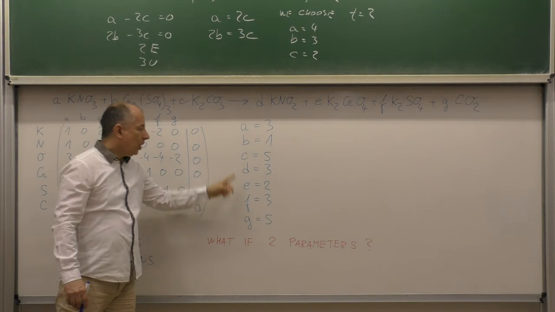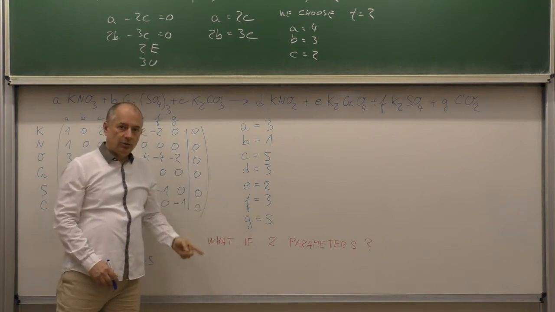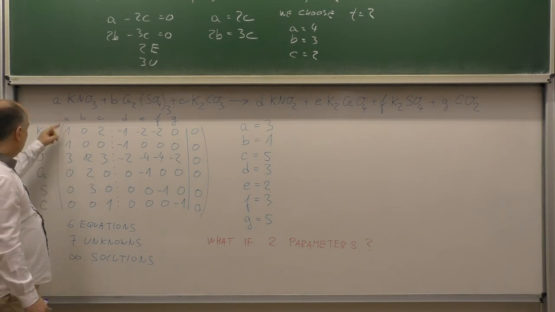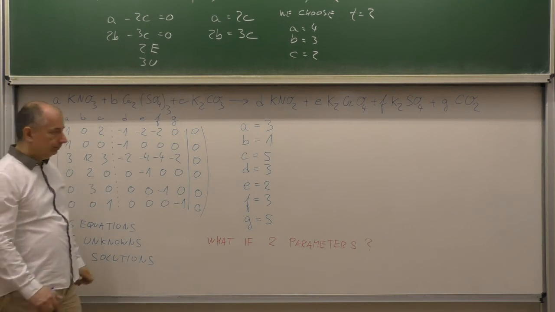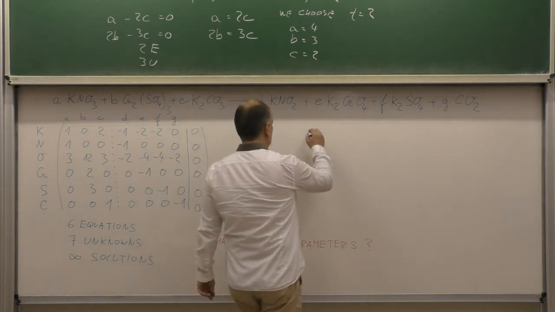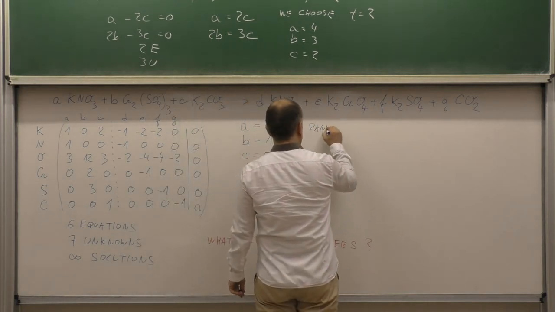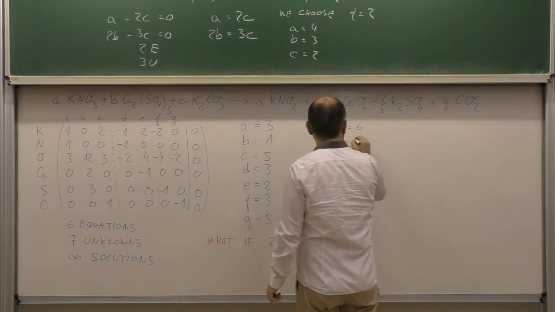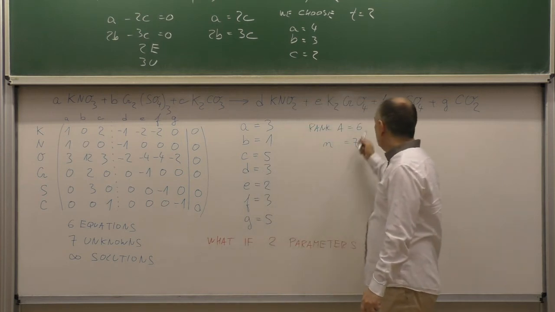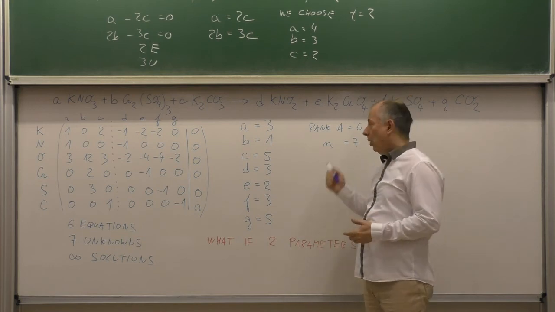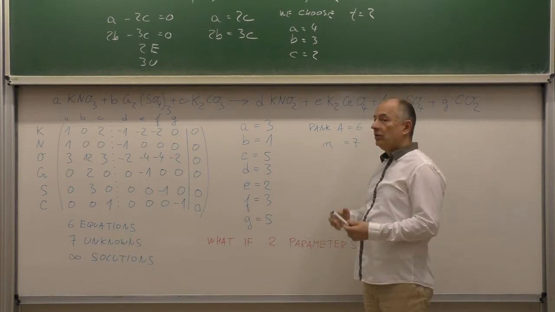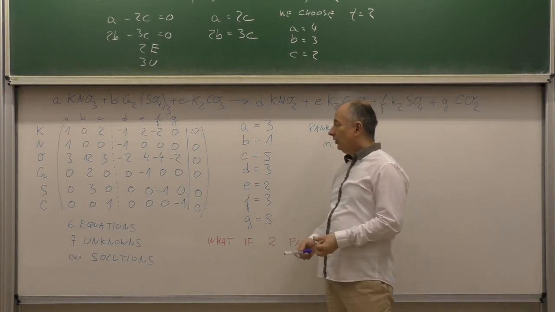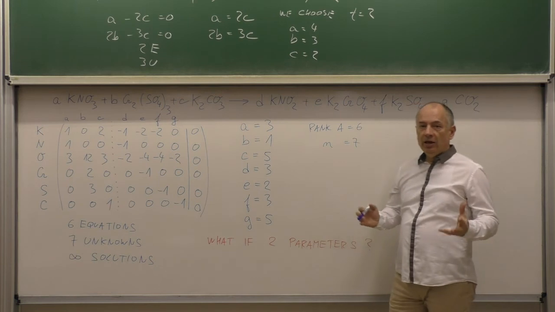Actually, this is only one of the infinitely many solutions. For this system, it turns out that the rank is indeed 6. But we have 7 unknowns, so the difference, 1 in this case, is the number of parameters, or number of unknowns for which we can choose any real value.